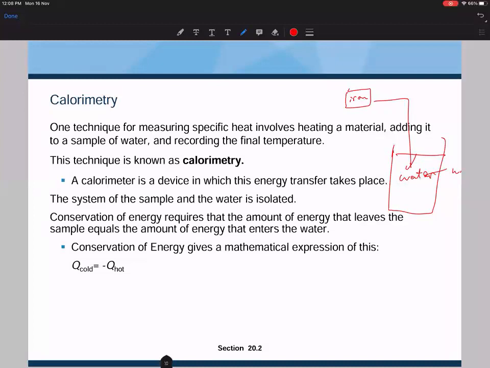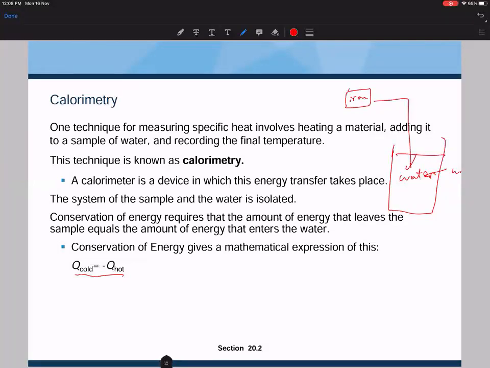So the equation that is written can be shown below. Q cold corresponds to the heat energy gained by the cold part of the system. For example, if the water is cold at the beginning and you have the hot iron dropped into it, the Q cold will correspond to the heat energy gained by the water.